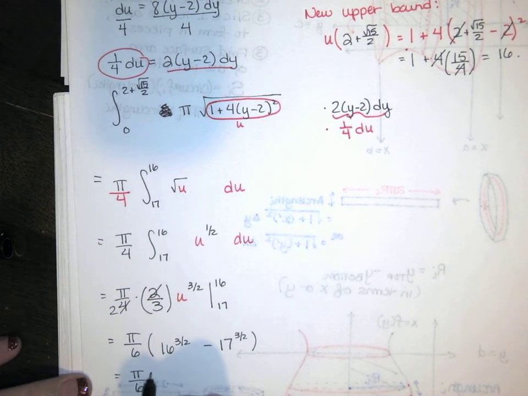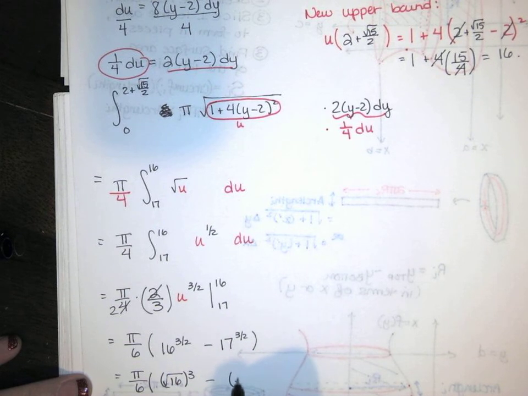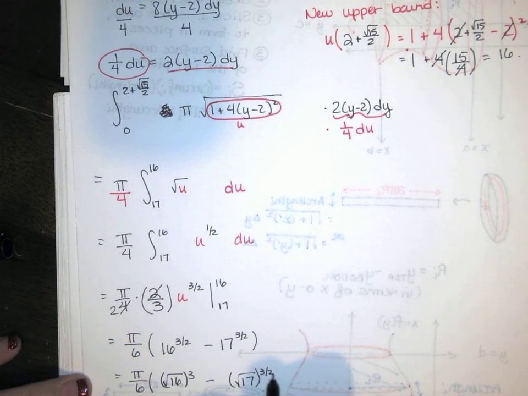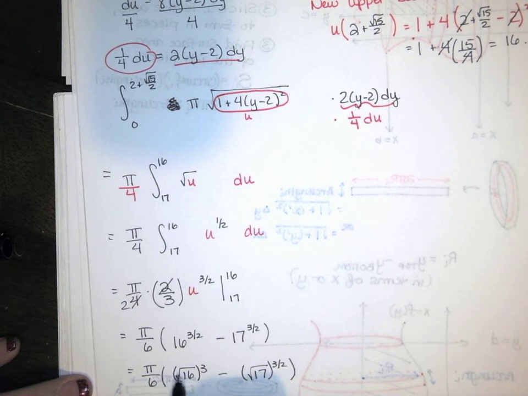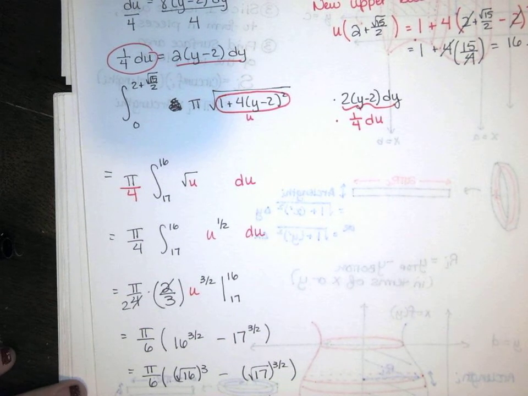And like we did on the last problem, this is the square root of 16 cubed, and this is the square root of 17 cubed. Somehow that's not right. This is 4 cubed, which is 64. And that's going to give me 17 root 17. What was the problem? What did I do wrong?